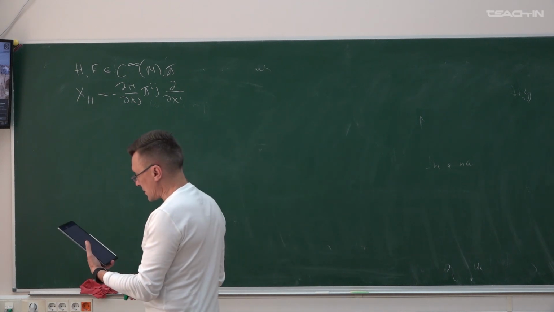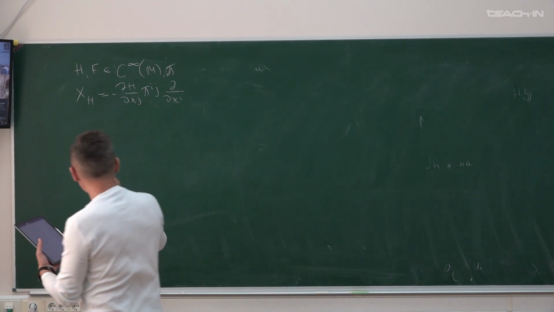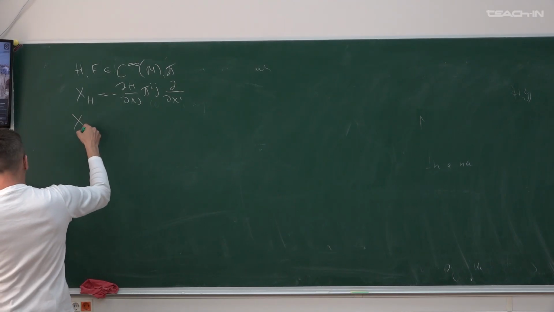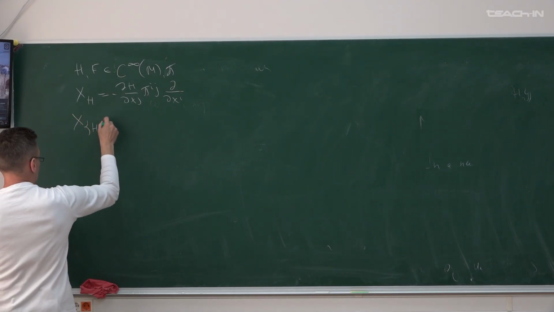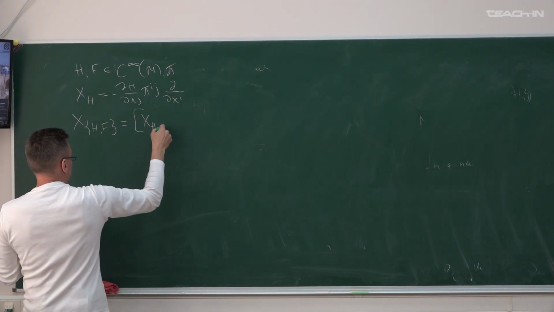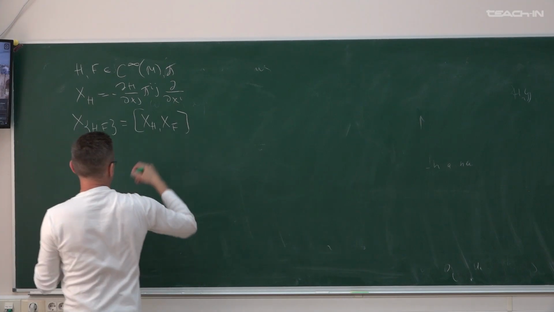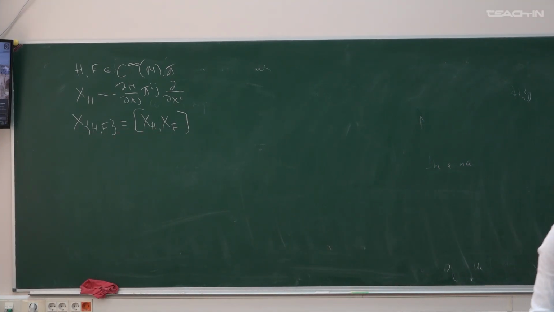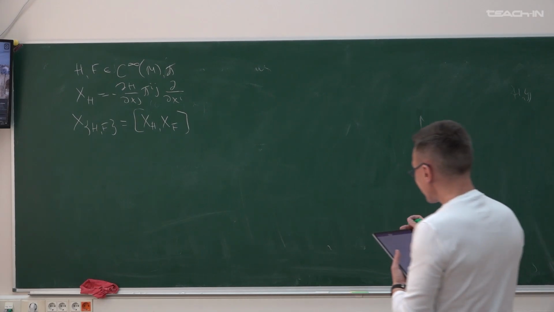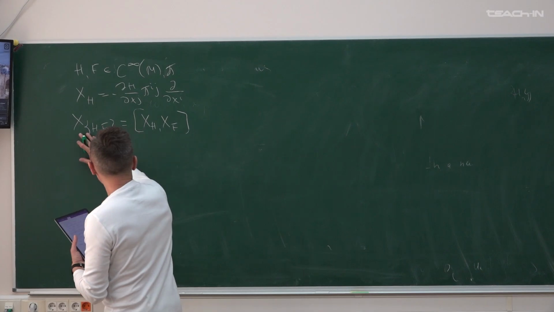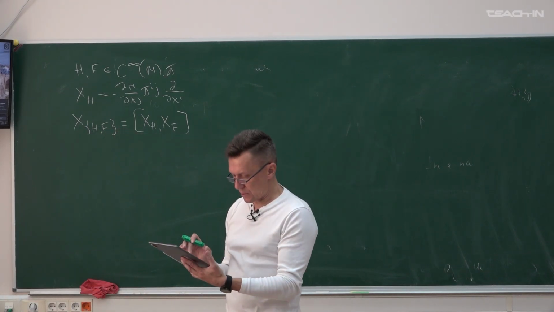Then, yes, I remember I have demonstrated it. So X_{H,F} is equal to the commutator of Hamiltonian vector fields corresponding to such functions. Okay, I remember.